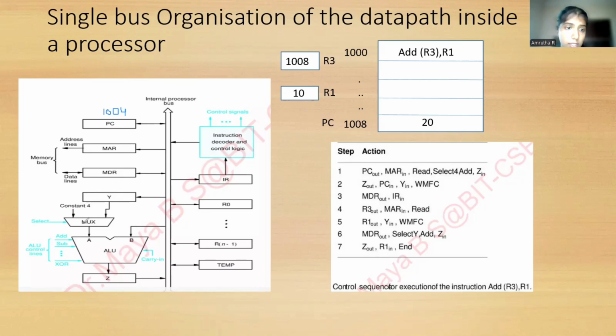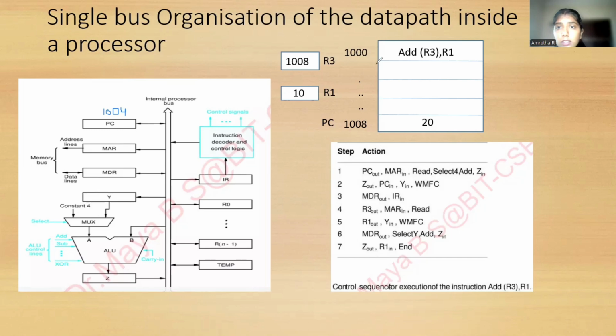The R3 value is here in the mux and then it is given as an input for A, as an input for the ALU. The R3 value is stored in the mux and that is given to A, and B has 10. Now both operands are here, A and B.